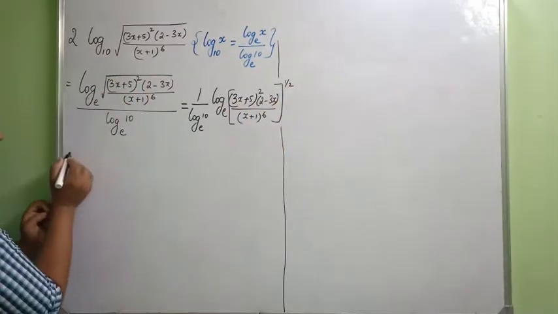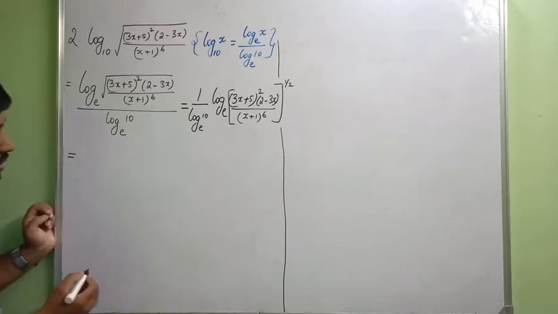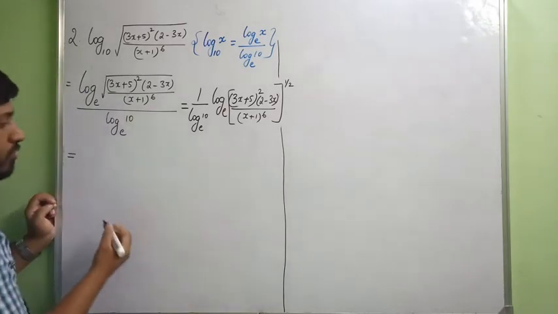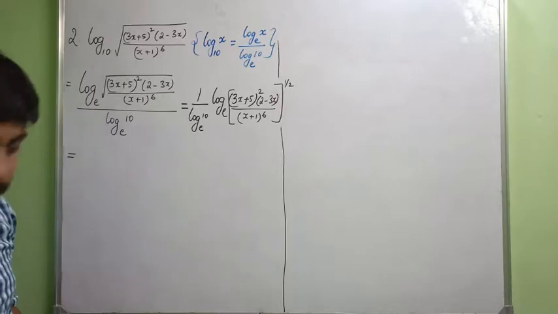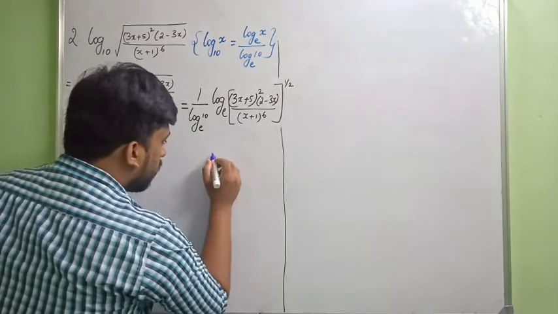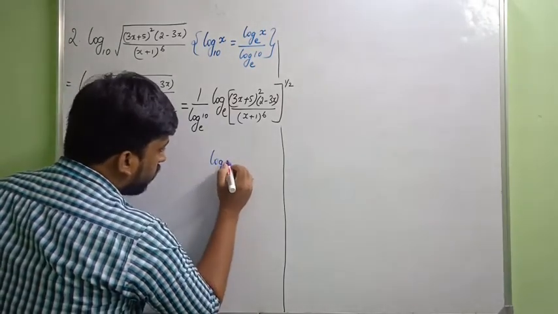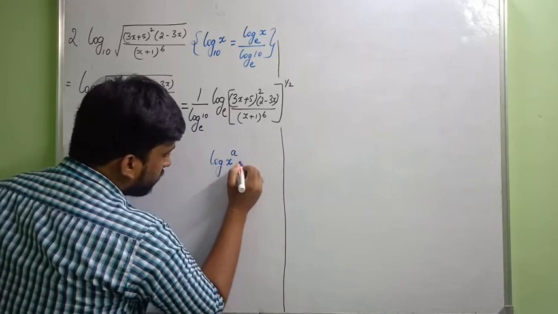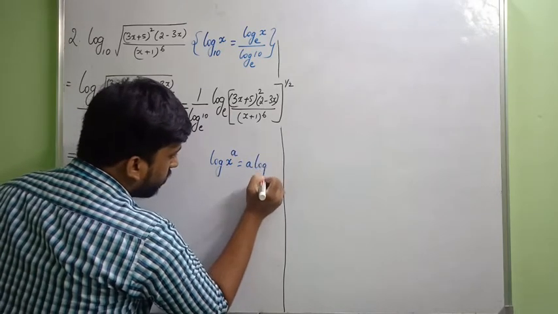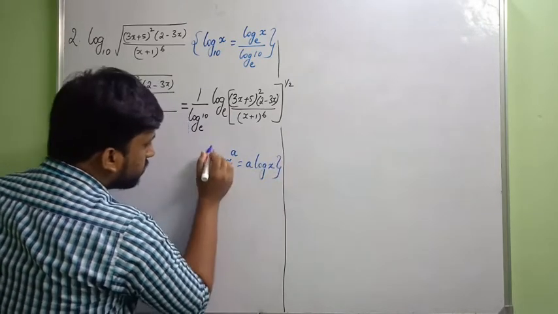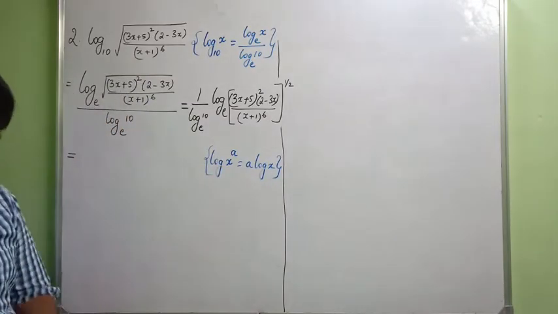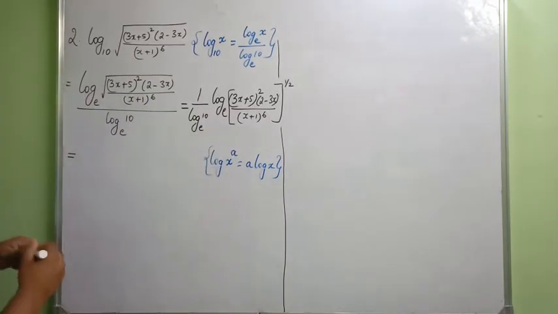Okay, so next step, according to the formula, log x to the power of a is nothing but a log x. This is the formula we have, right? So this formula I will be applying here. So what we will be getting?